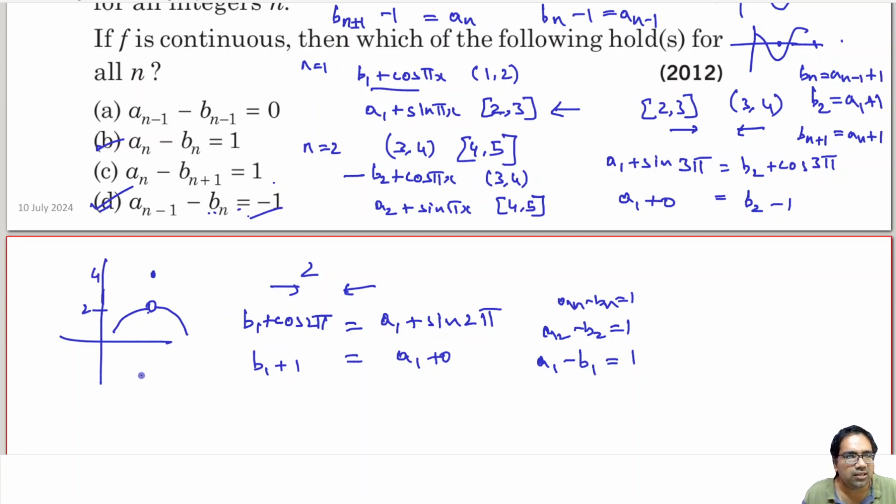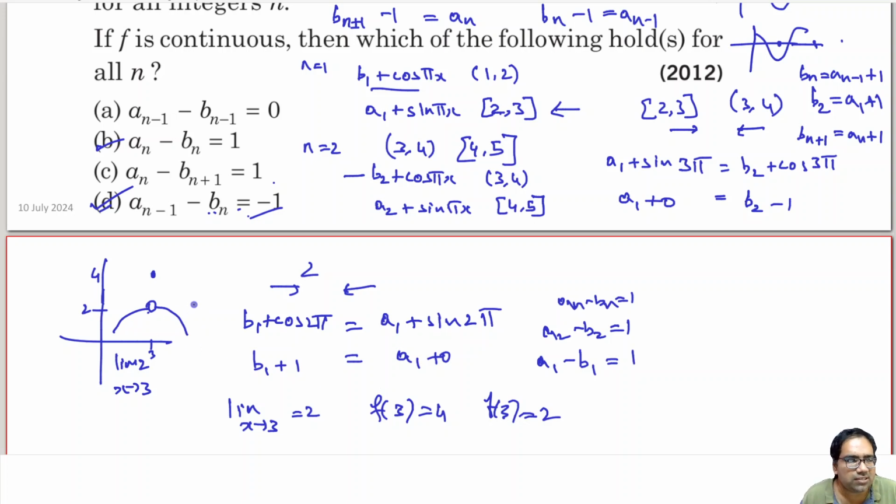Let's say this point is 3, limit x tends to 3 is 2. We are approaching 2 from both sides. But f of 3 is 4. So that's why this is not continuous. If f of 3 is also 2, then this graph is continuous.